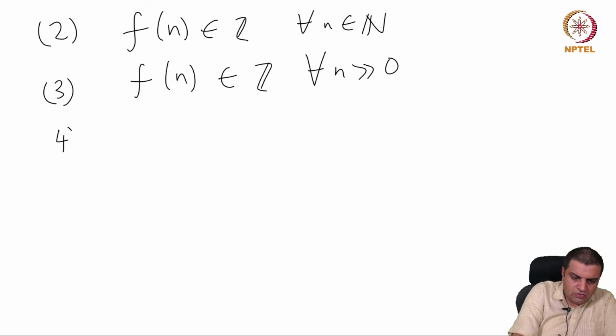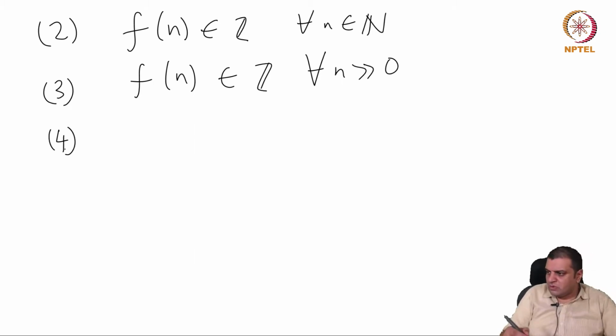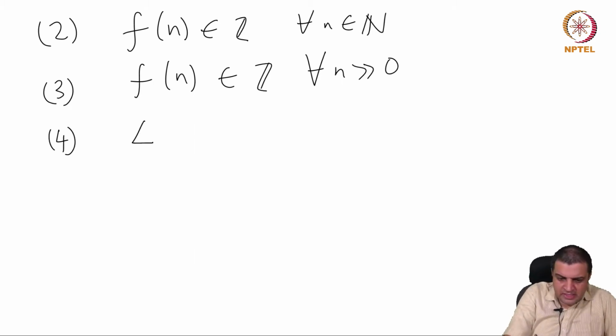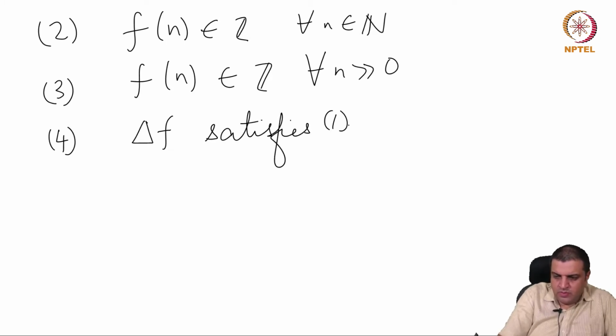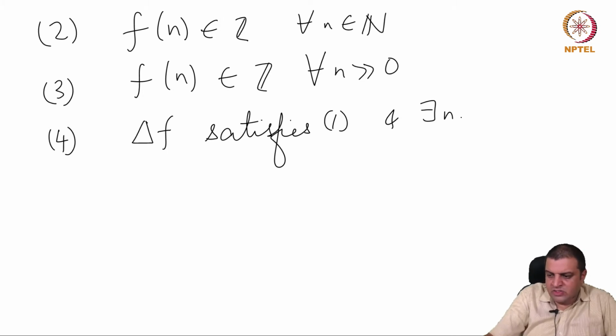And 4, the function Delta f satisfies 1 and there exists an n such that f of n is an integer.